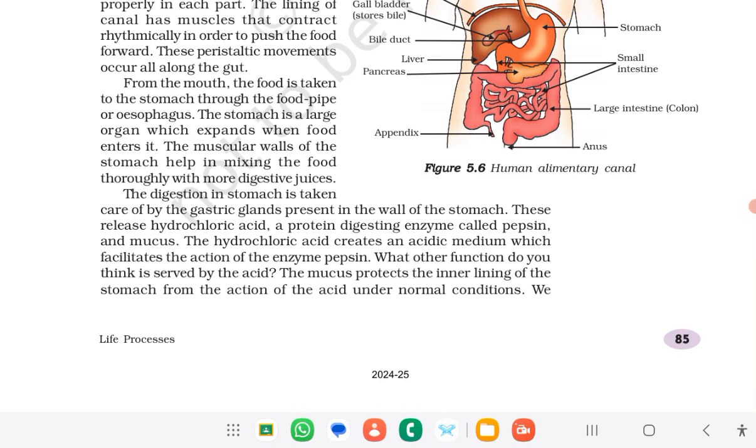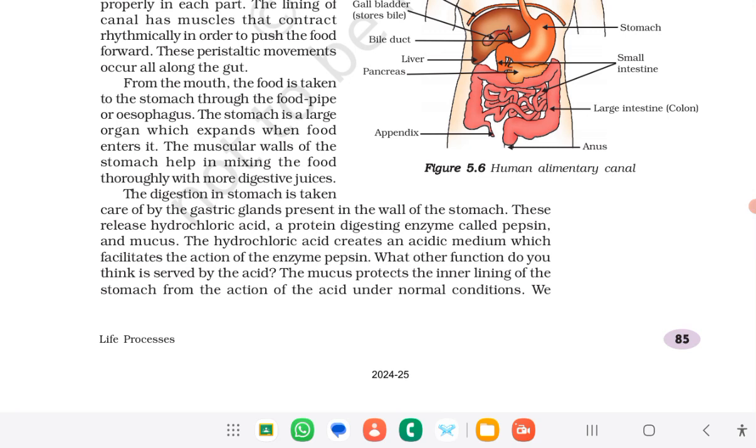These release hydrochloric acid, a protein digesting enzyme called pepsin, and mucus. The hydrochloric acid, HCl, creates an acidic medium which facilitates the action of the enzyme pepsin.